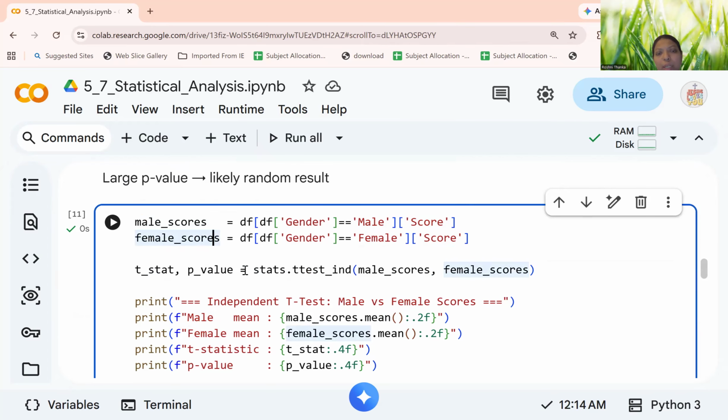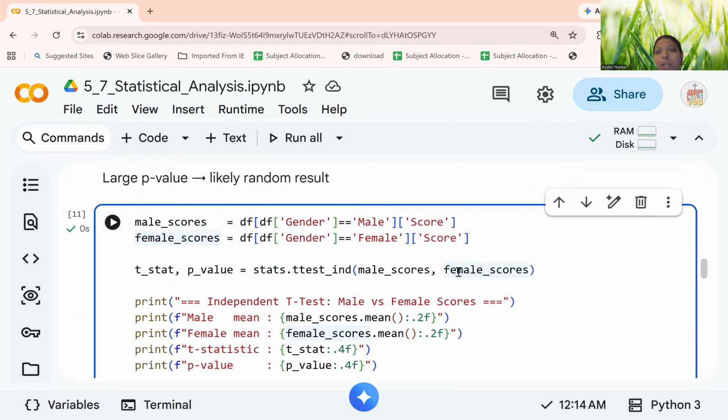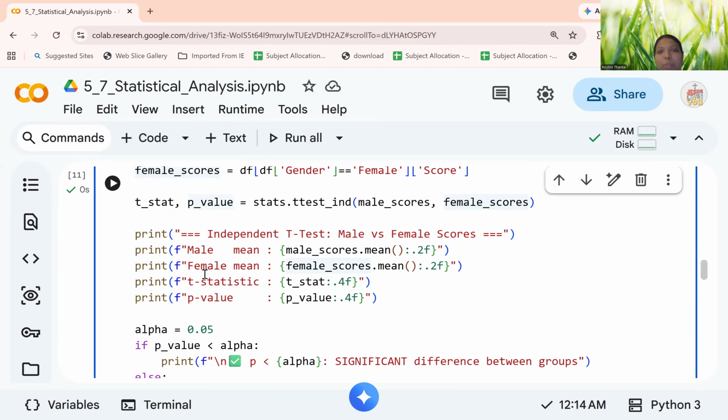Now using the stats module, we apply the t-test. We know the t-test helps us find the difference between these two groups' mean values. From that we get the t statistic and the p-value. We are also finding the male scores mean value and the female scores mean value, so we can understand the difference in the t-test and the p-value.